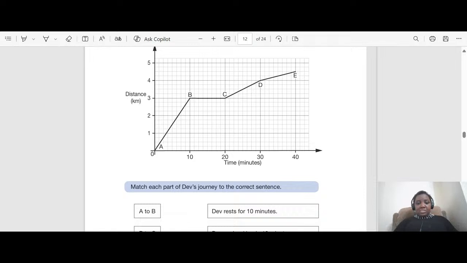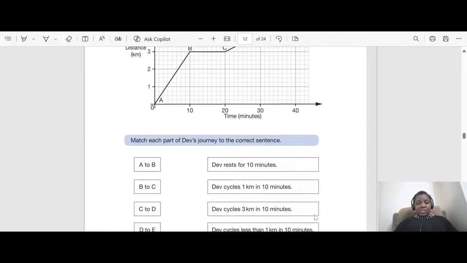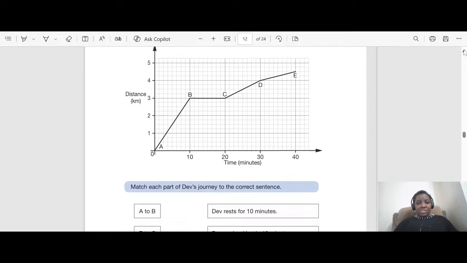The x-axis is in minutes. We can see that from point B to C, he rested. So we are going to match B to C to this first part, which says that he rested for 10 minutes. Now, Dev cycles 1 kilometer in 10 minutes.